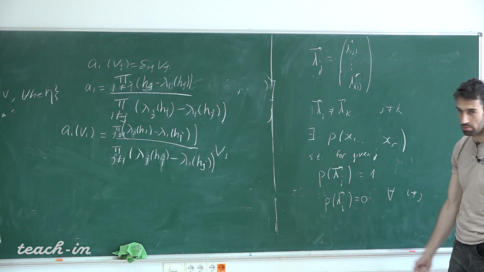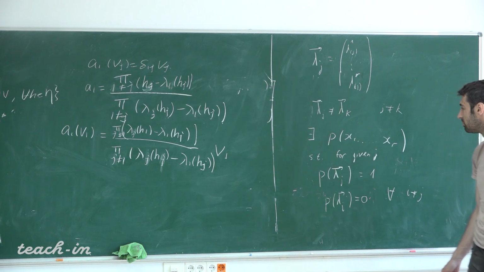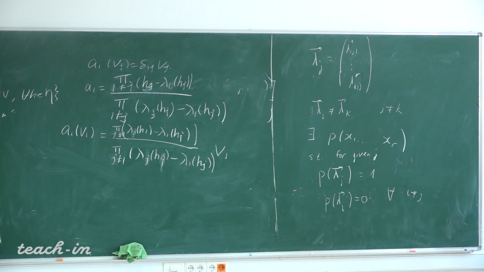It's clear what it means: I take the first entry and plug it in instead of the first variable, and so on. So this is just a problem about polynomials. We just need to generalize the Lagrange interpolation formula. Then the claim is that you can solve it.